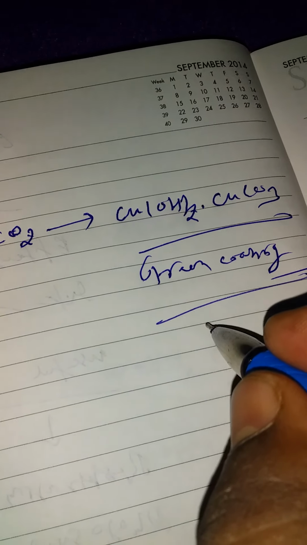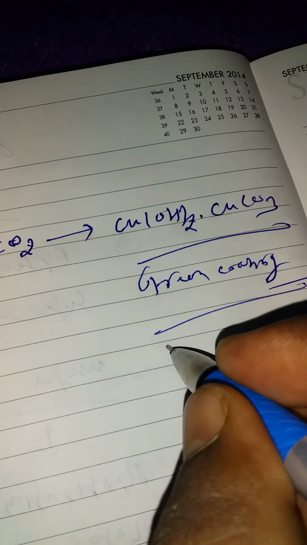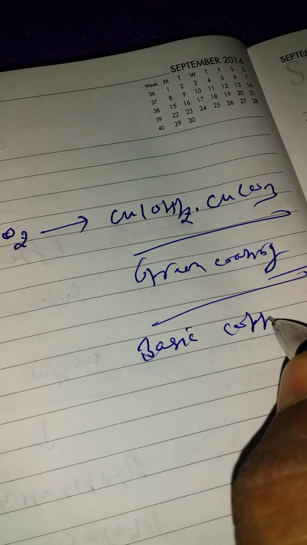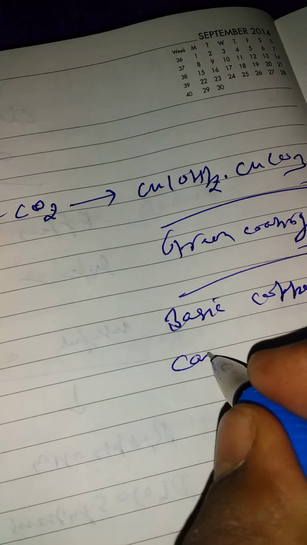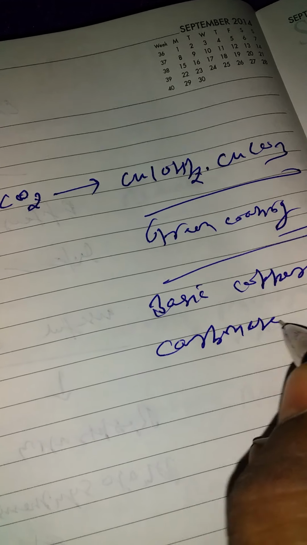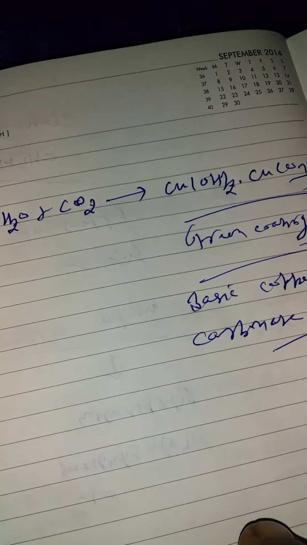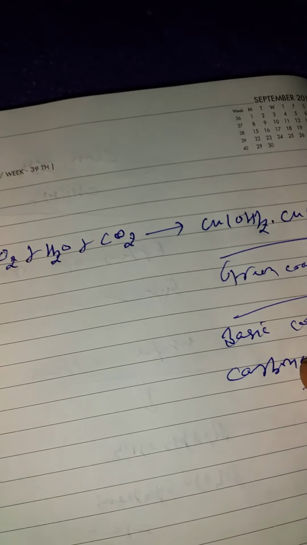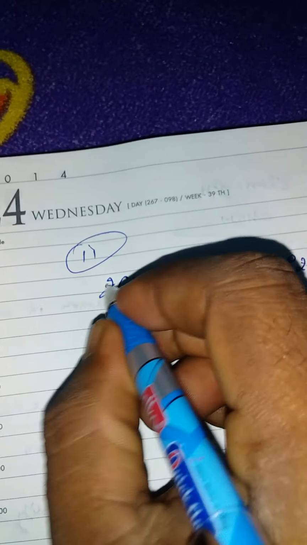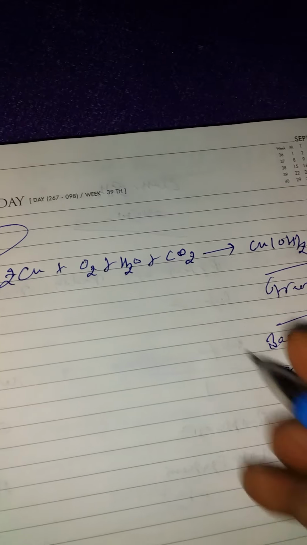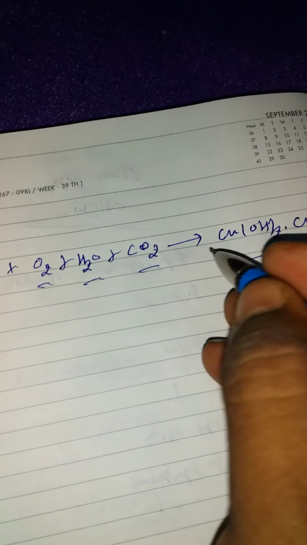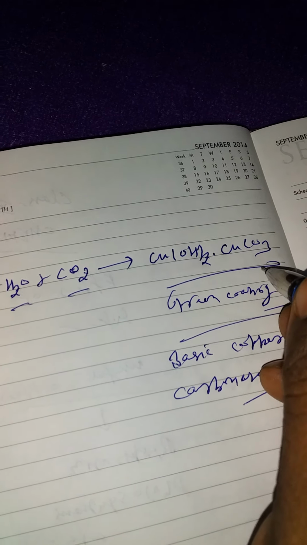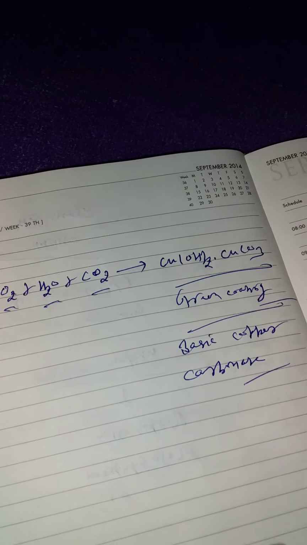The chemical name of this compound is basic copper carbonate, which is a mixture of copper hydroxide and copper carbonate. So after balancing, 2Cu plus O2 plus H2O plus CO2, and this forms a green coating on copper object.